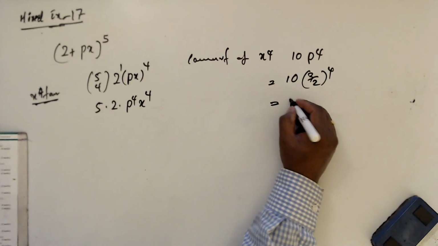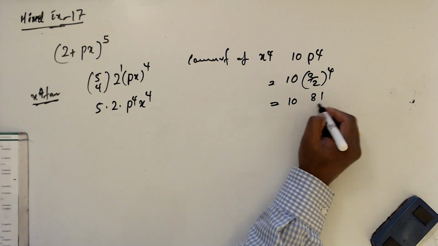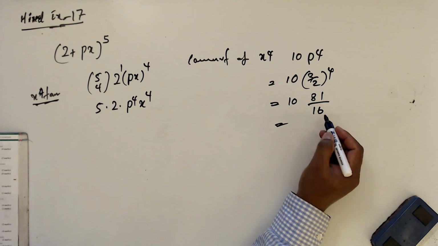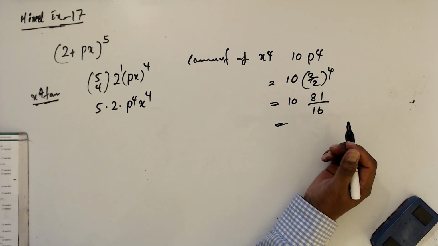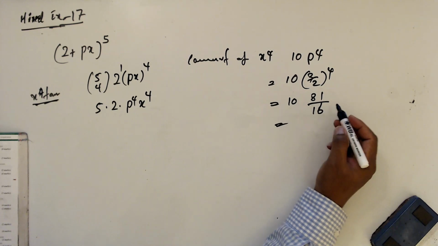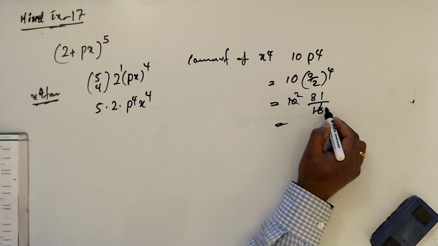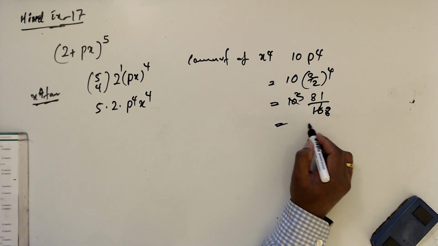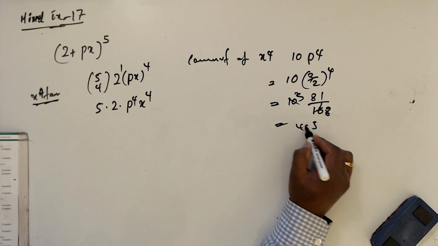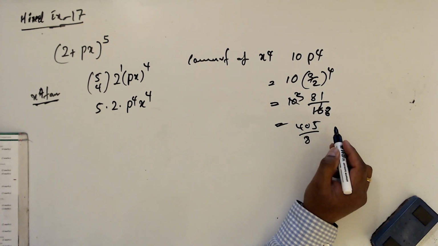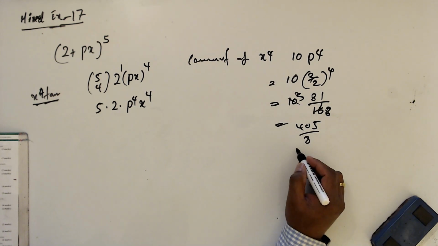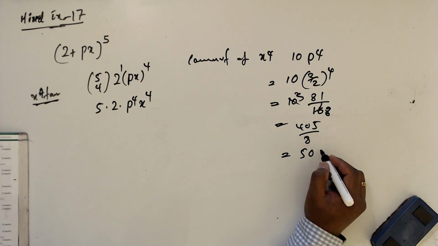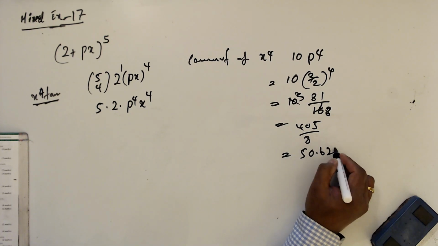So 10 times 81 over 16. Now this is going to be 2 and 5 and 8, 405 over 8, which is 50.625.